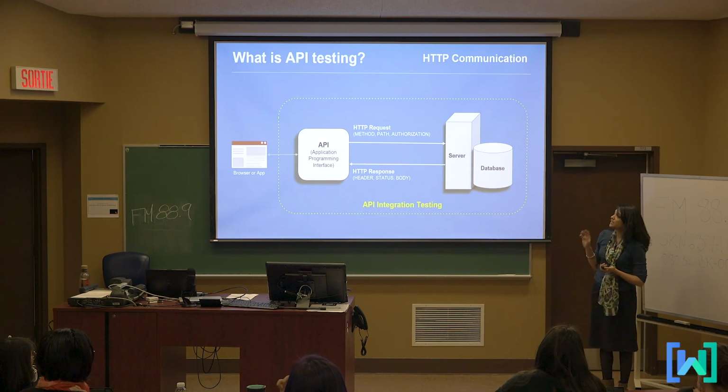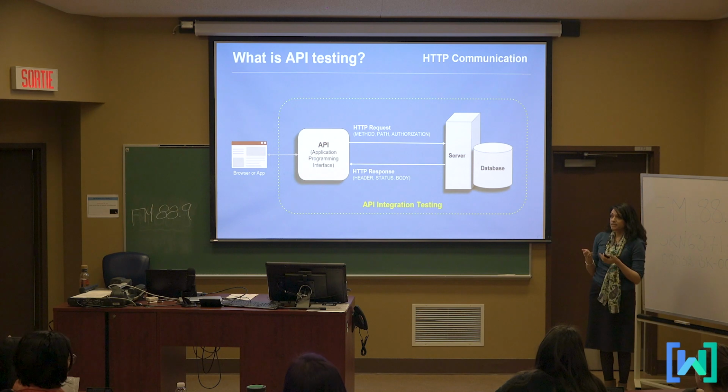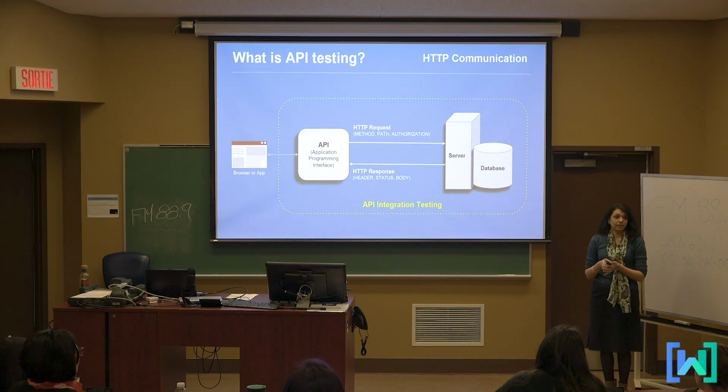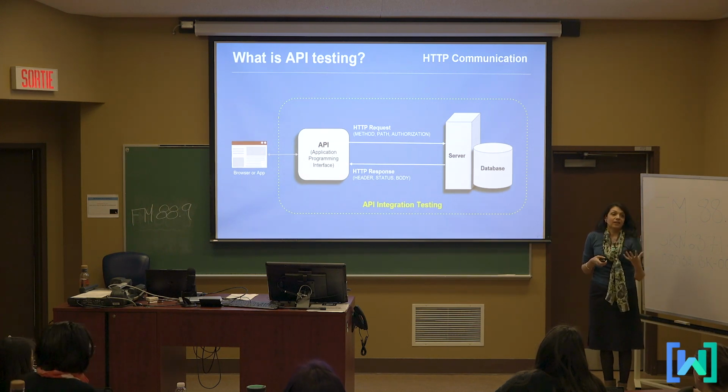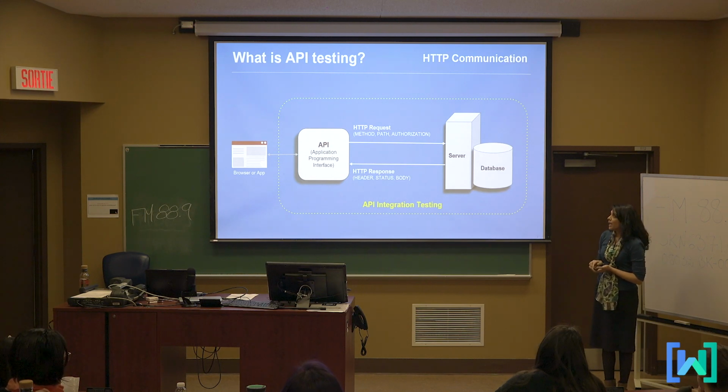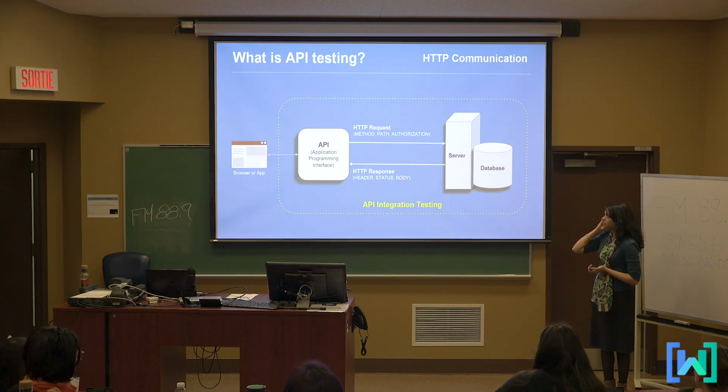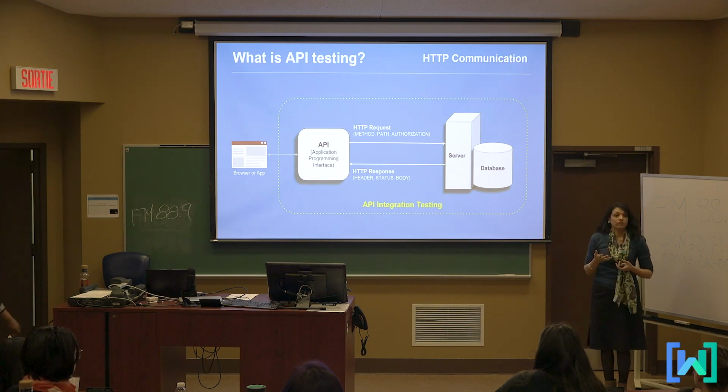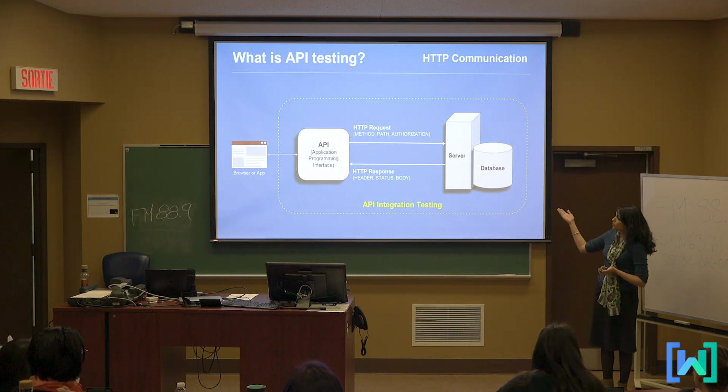So the biggest difference is that it's really not as visual and as intuitive as testing a browser or an application, something that was designed for human interaction. An API is something that is really just a method of communication with a server and a database.